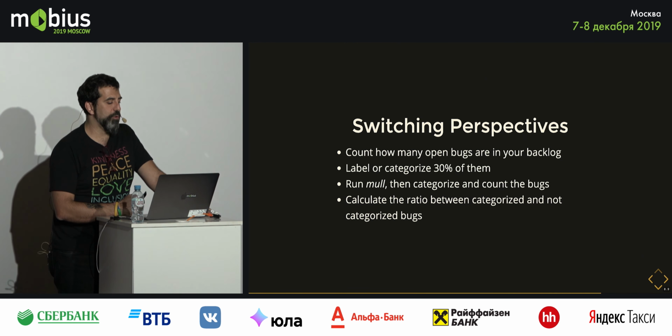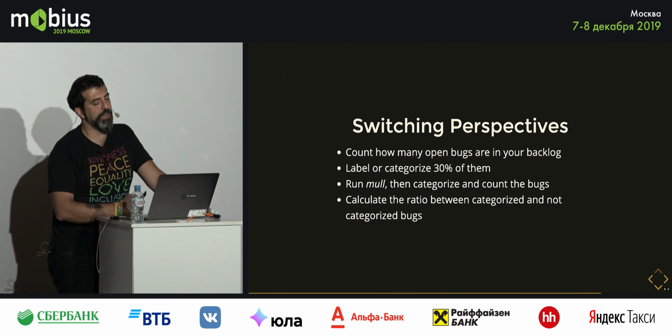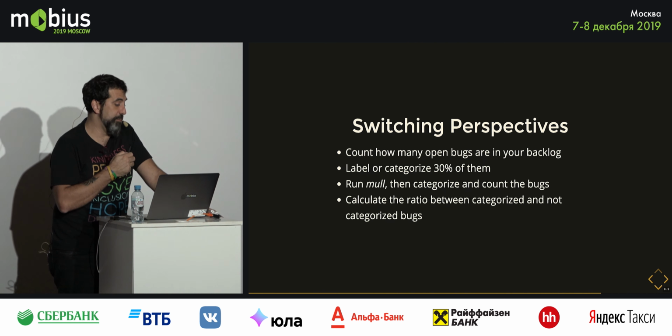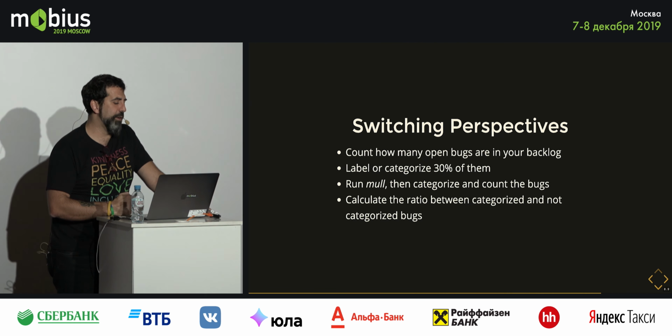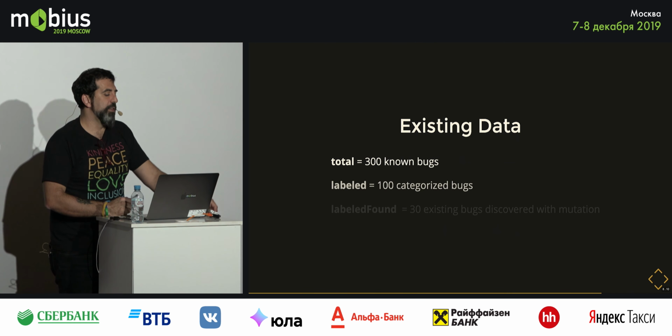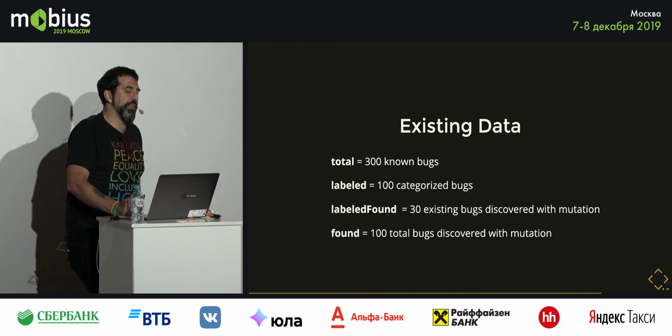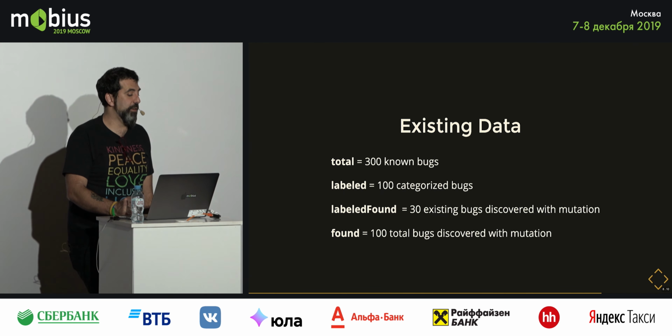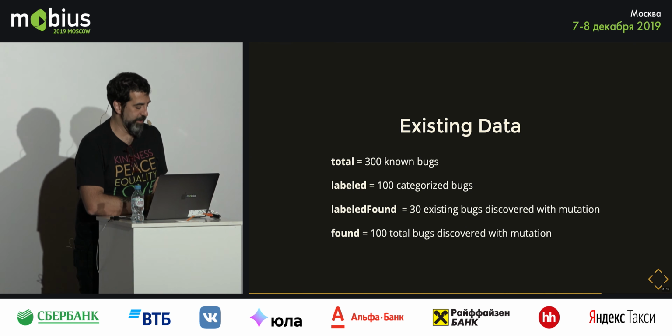Basically, what you want to do is understand, in the bugs that Mule identified, how many of them were labeled by you, manually labeled. And then you calculate the ratio. So let's say that you have 300 known bugs, you have 100 labeled bugs, and you have 30 existing bugs discovered with mutation, but a total of 100 bugs discovered with mutation.